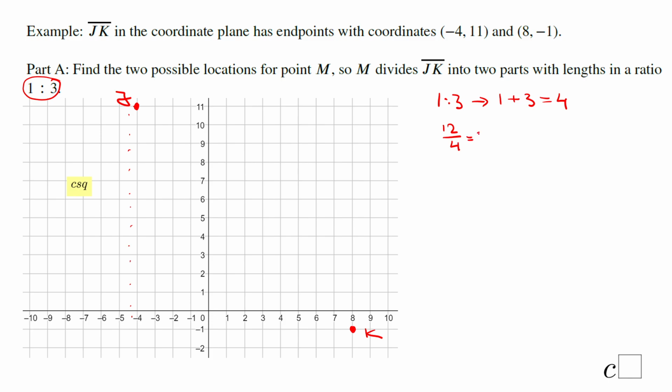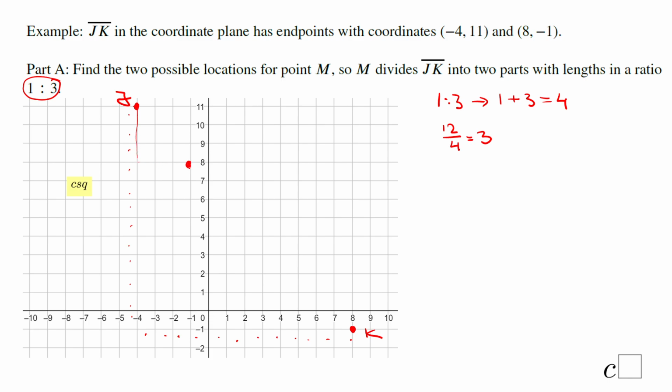is 3. That tells me you go 3 down. Let's count the change in x: 1, 2, 3, 4, 5, 6, 7, 8, 9, 10, 11, 12 also. Another 3. So I'm going to go 3 down and 3 right.